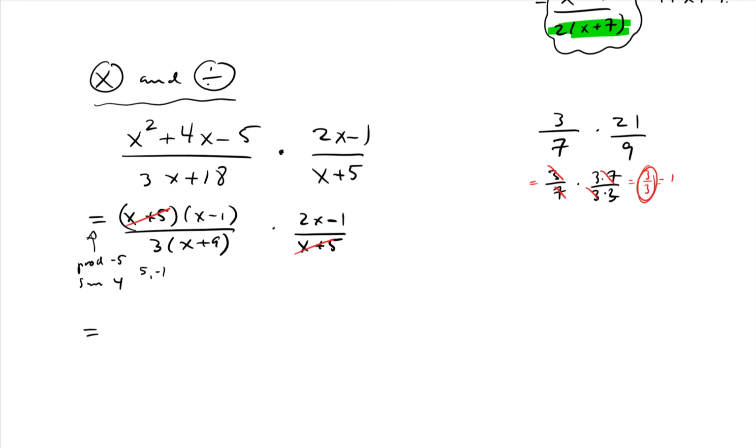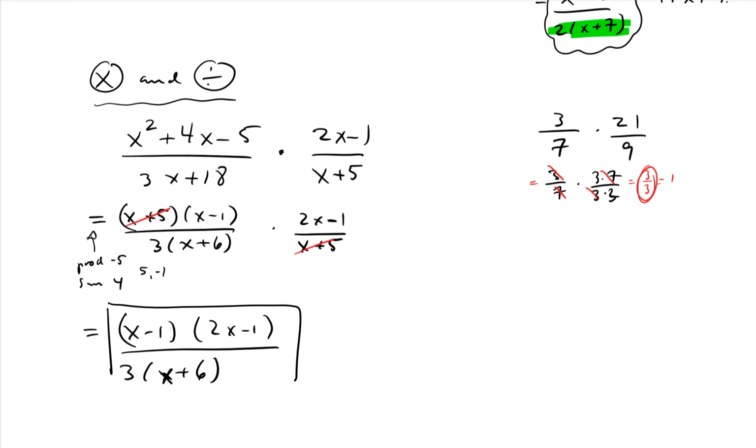I multiply what's at the top and what's at the bottom. And that's it. Oh, I made a mistake. This is a 6 here, because 3 times 6 is 18. It's actually preferable to leave your answer factored, so you don't need to multiply anything in the end. You can if you want to, but we could just keep it factored like that.